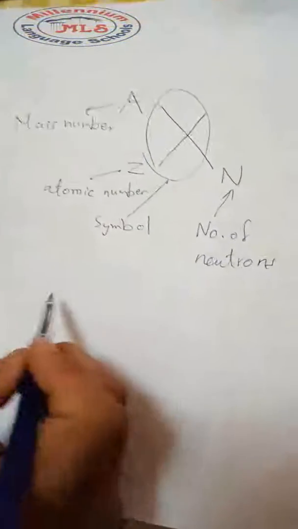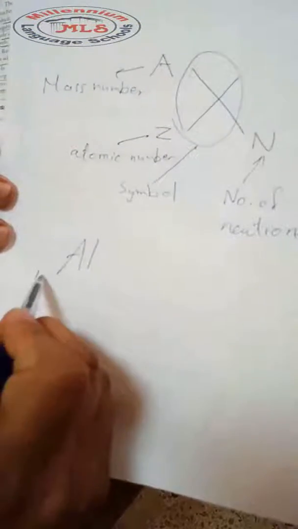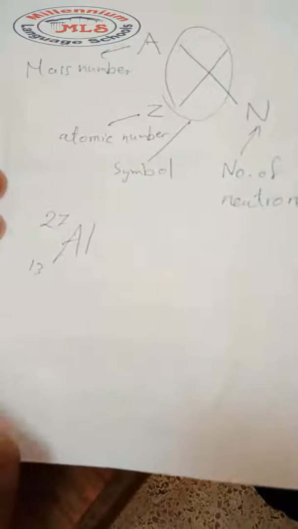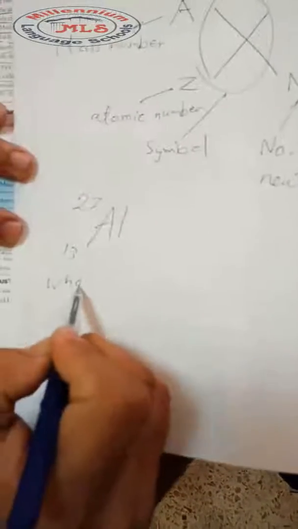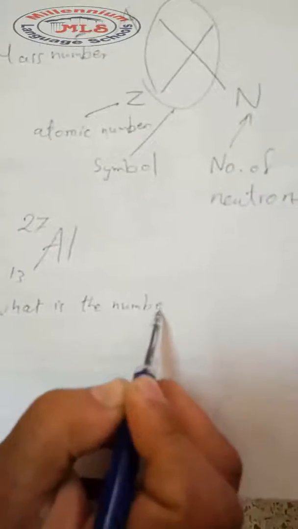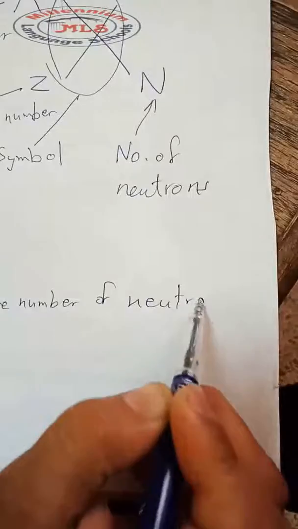Now, for example, if we have aluminum 13 and the mass number is 27, the question is, what is the number of neutrons in aluminum?